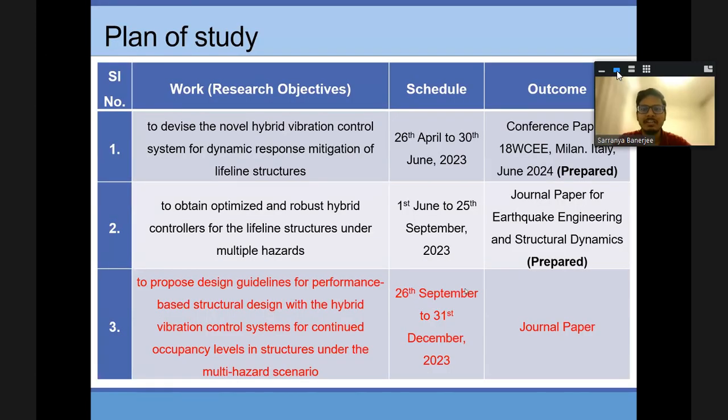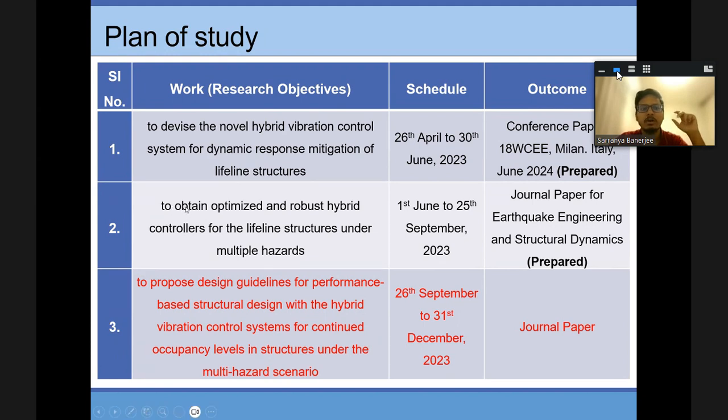Initially my plan for the Suzuki Foundation Fellowship was to do these three objectives. One was to devise the hybrid vibration control system, for which we prepared the conference paper in Italy next year, where we defined the different configurations of the hybrid vibration control system.